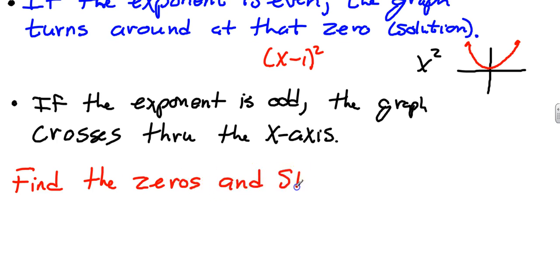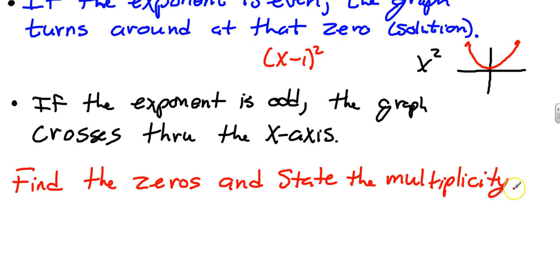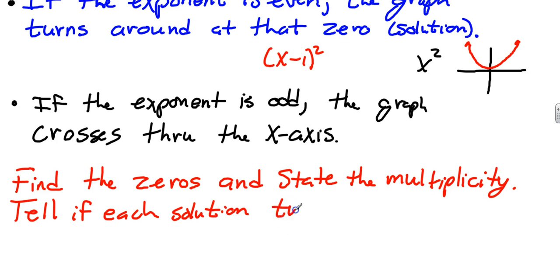So we're going to find the zeros and state the multiplicity, and tell if each solution turns around or crosses through.